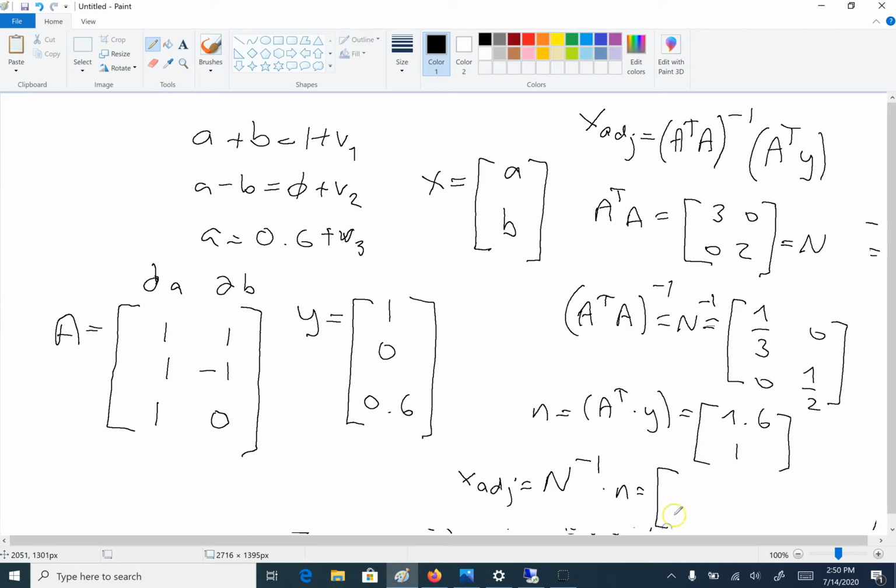That's going to give us the solution of 0.5333 and 0.5, and this is going to be the adjusted value of A and B.